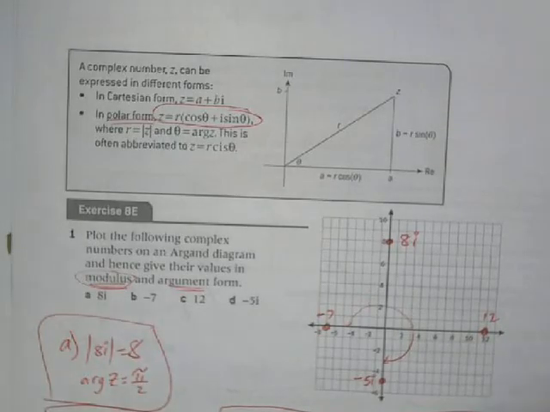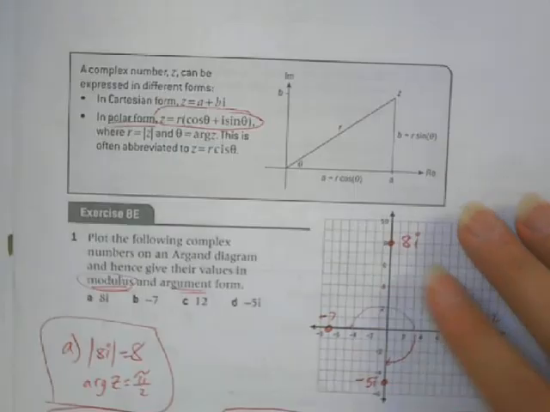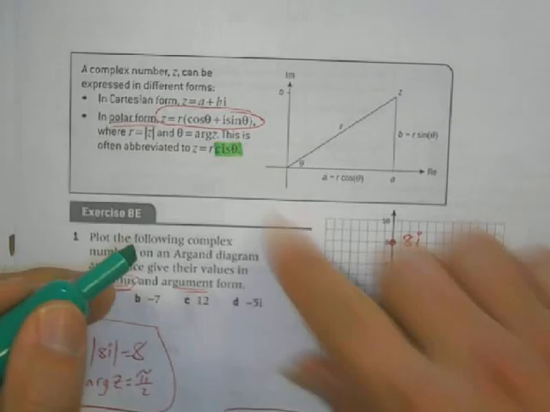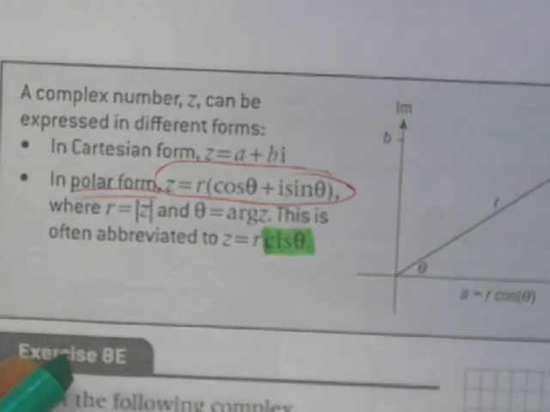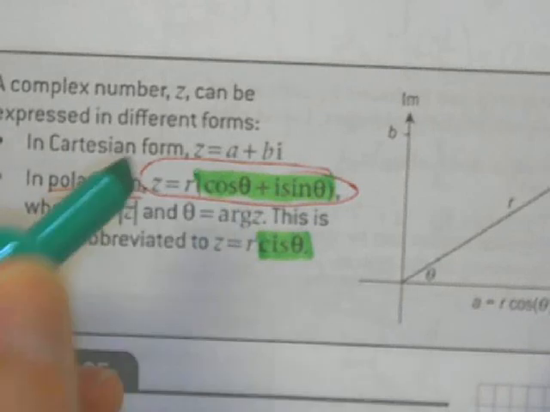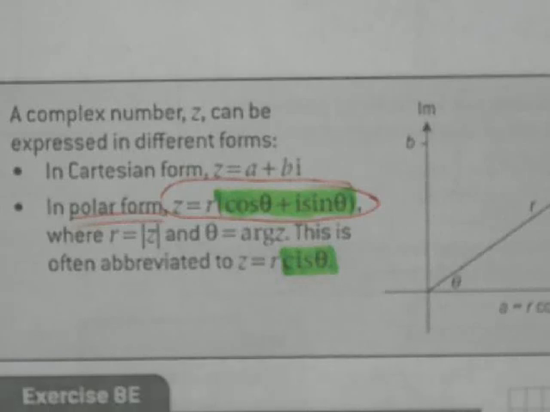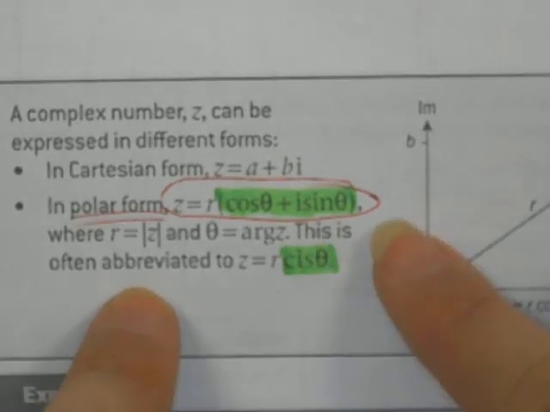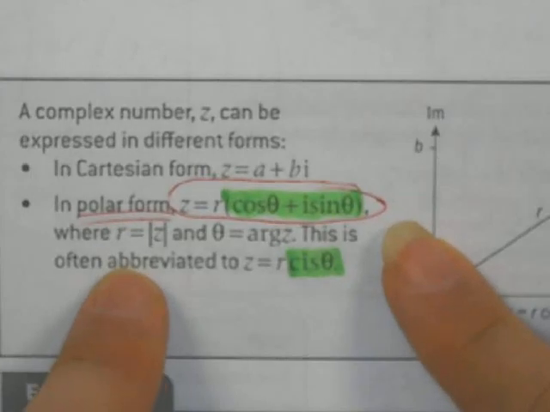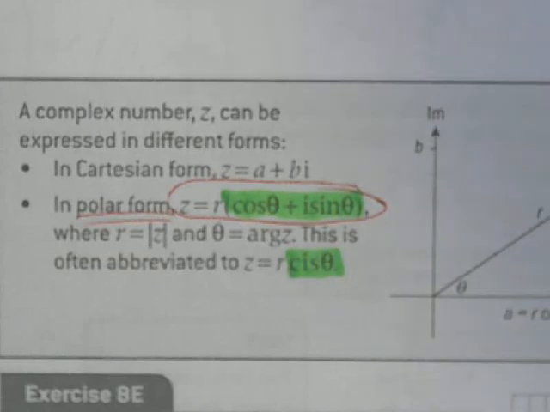Anyways, what I was just saying earlier, that they've written right here: cis theta is the same thing as cosine theta plus i sine theta. That is so important. Okay, so hope you remember that.